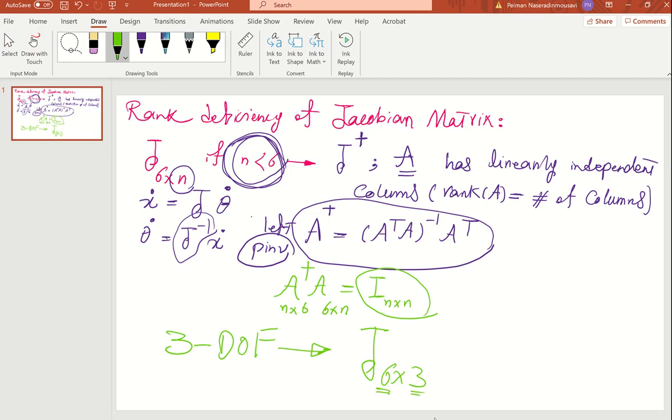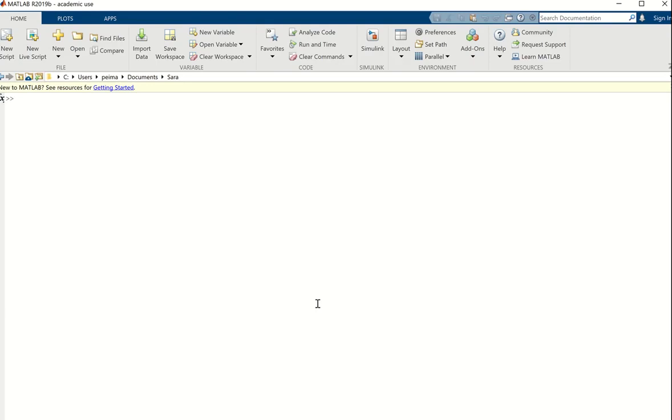Suppose for a certain time the J is 1 2 3, minus 9 5 4, 0 0 1, 0 2 minus 30, 1 2 3 4 5 500, and the last one is 0 100 0 3.5.